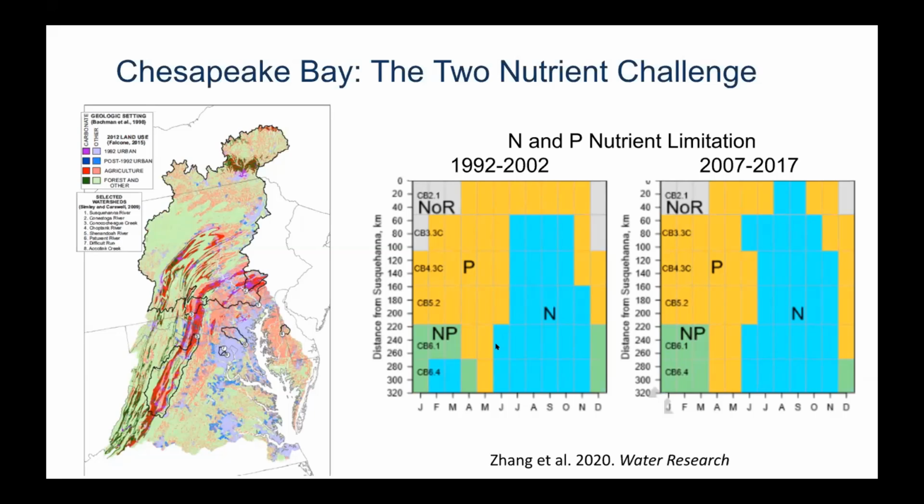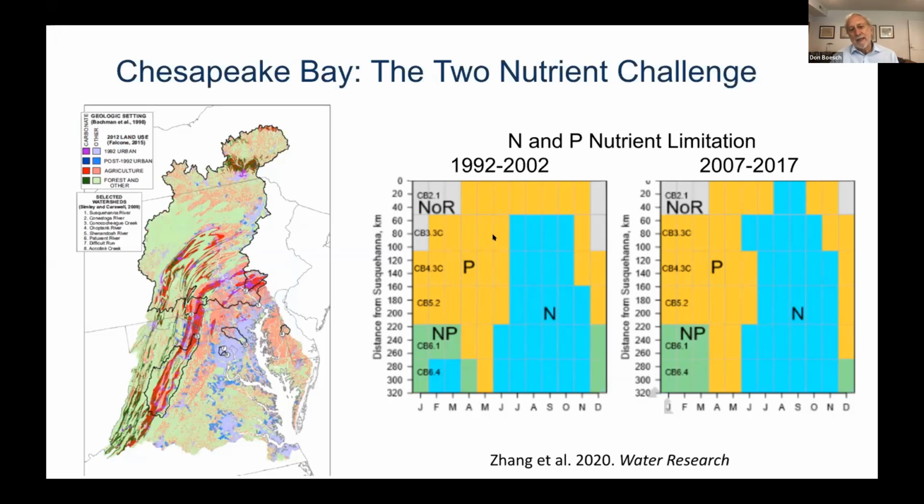Okay, so here typically what one sees is that during the cooler months of the year in the spring, when that production is important, there's phosphorus limitation quite a ways down through the bay from the top in the Susquehanna River to the south. But then as there's more flushing and more salinity, it tends to be nitrogen limited. And that situation shifts.